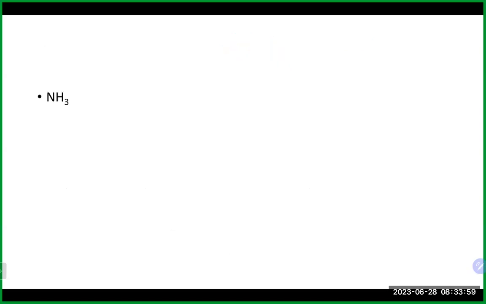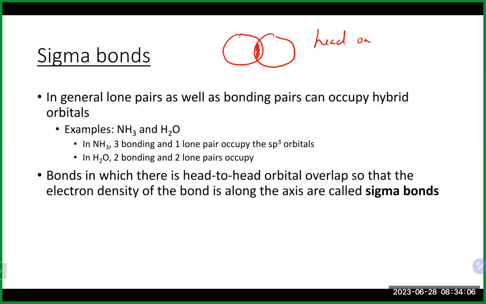So if we look at something like nitrogen here in NH3, and before we do that, let's go back this way. What is the easiest way to figure out the hybridization of something? You can think of it like the electron configuration. There's s's, there's p's, and there also are d's that come next for our expanded octets.